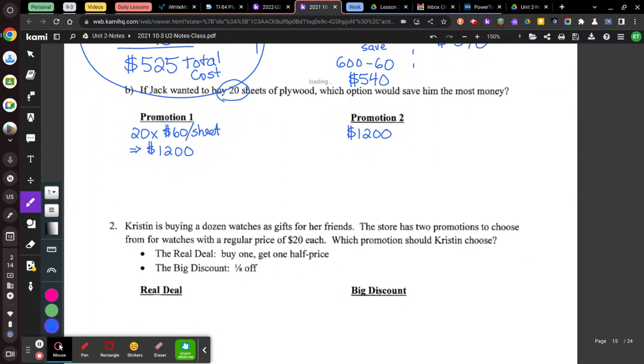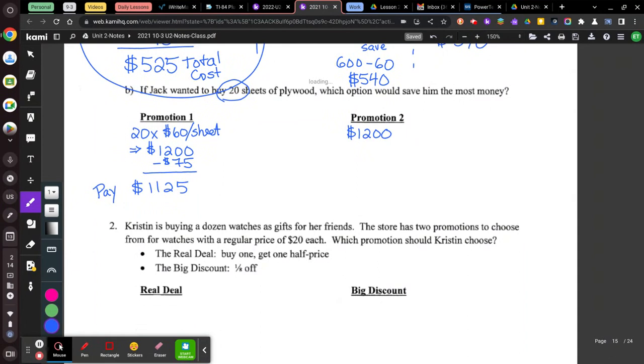That's my 20 sheets of plywood. And on the left-hand side, I only get to subtract $75. That's it. So I still pay total cost $1,125. So that's a lot of money. I pay $1,125. Now let's take a look at promotion 2.